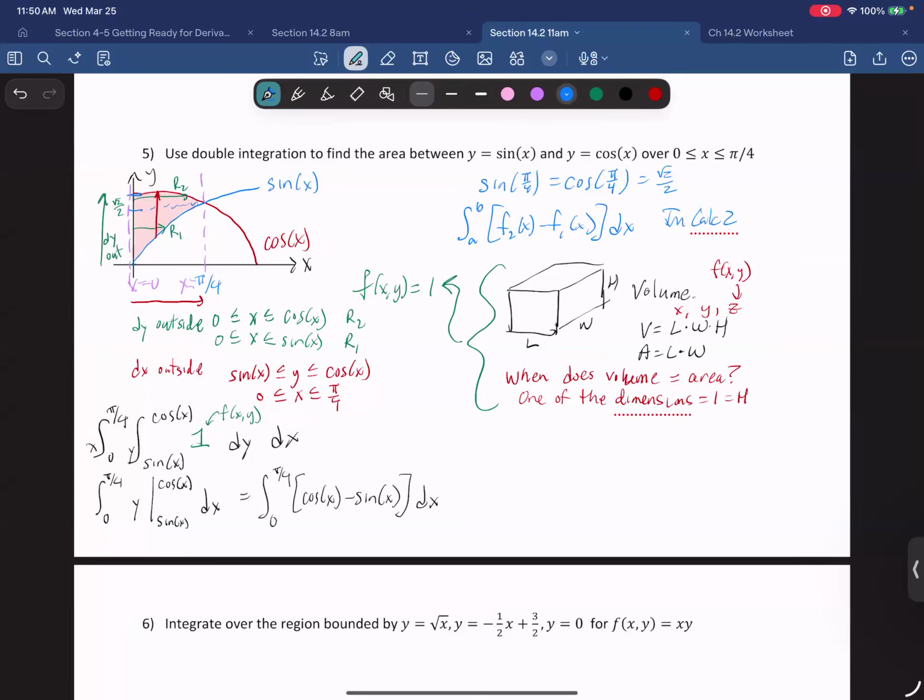Which, if you notice, this is the same as that, which is good. It is showing us we are getting the area.